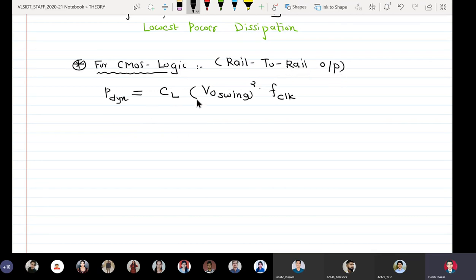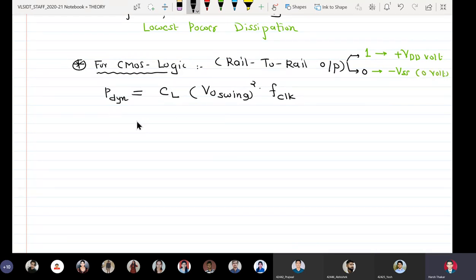Rail to rail output basically means that when the output is logic 1, the output is actually plus VDD volts, and when the output is logic 0, it is actually minus VSS, or it is actually 0 volt.